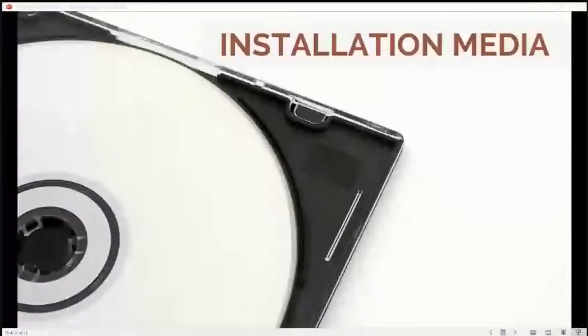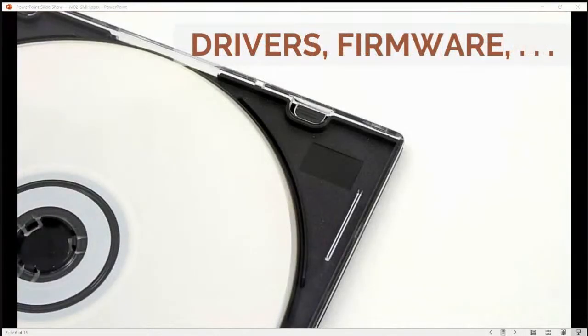If it's a physical machine that you're trying to rebuild, you have the operating system installation media, SQL Server installation media, cumulative updates, the latest ones, or if you're still on 2016 and older service packs, security patches for Windows, all of these things. And not just that, you may, let me throw that in there, drivers, firmware.